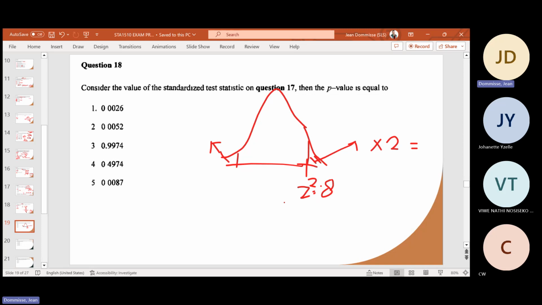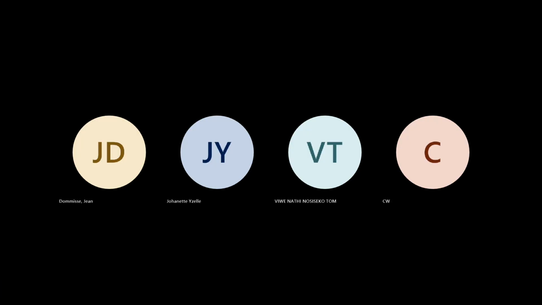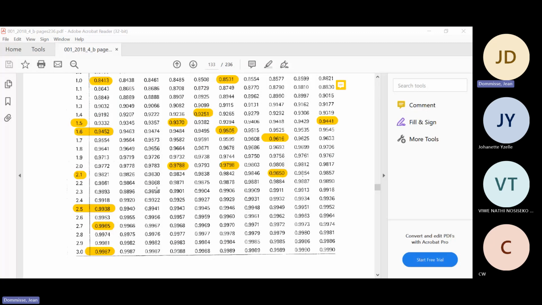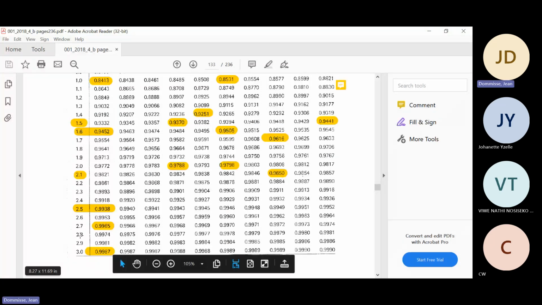Okay, so let's go to our Z table. I will share it again now. Okay, Z table is there, 2.8.